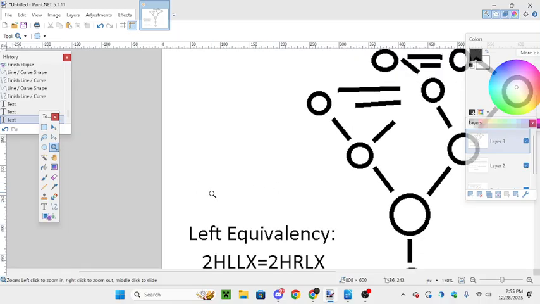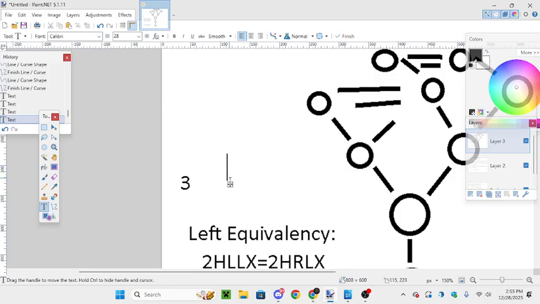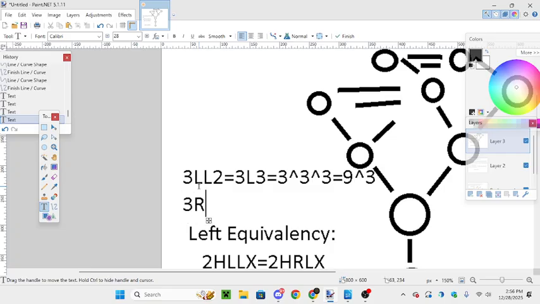This doesn't work for 3 or for any larger integer, because, for example, 3 double pentated to the 2 just equals 3 left tetrated to the 3, which equals 3 to the 3 to the 3, which equals 9 to the 3, whereas 3 right left tetrated to the 2 equals 3 right tetrated to the 3, which equals 3 to the power of 3 to the power of 3, which equals 3 to the power of 9.